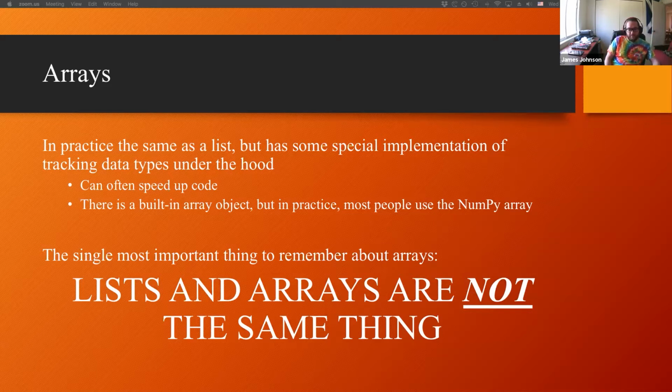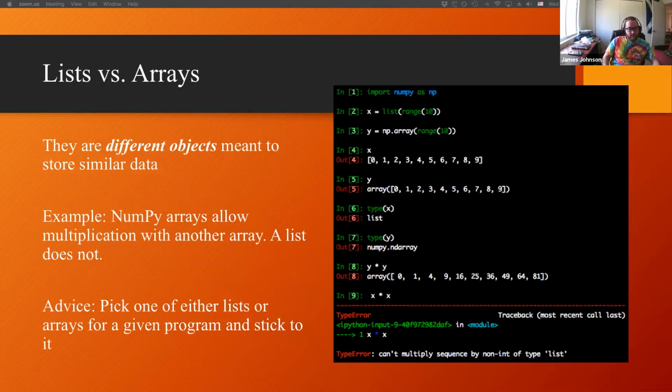So just to exemplify what can go on between lists and arrays, the NumPy array allows multiplication with another array. A list does not. So here we have just some example code. I opened up a program called IPython. For those of you who haven't run this, I'll show you how to run it after we finish the slide.